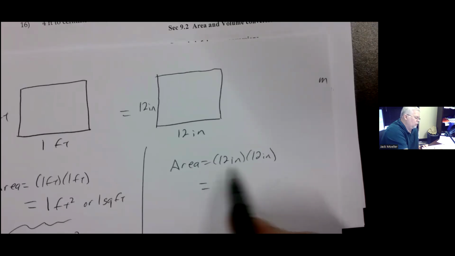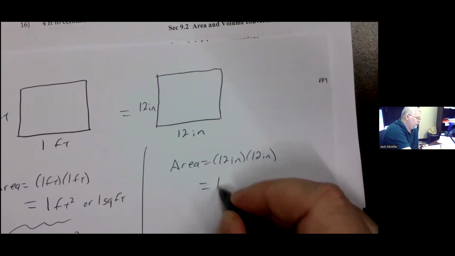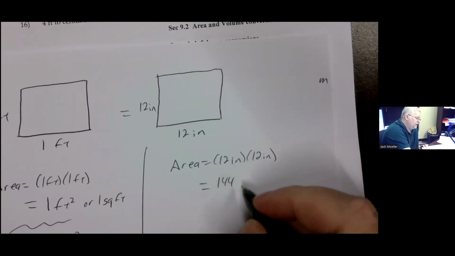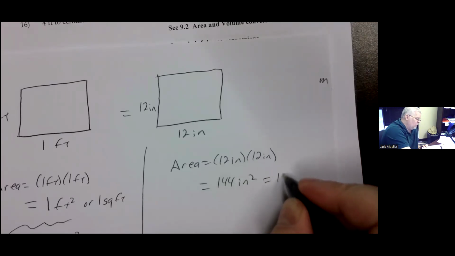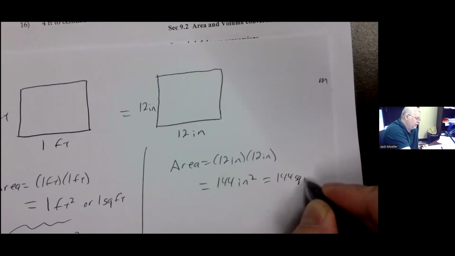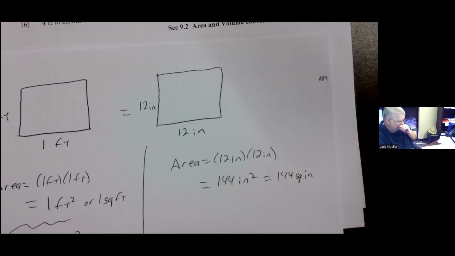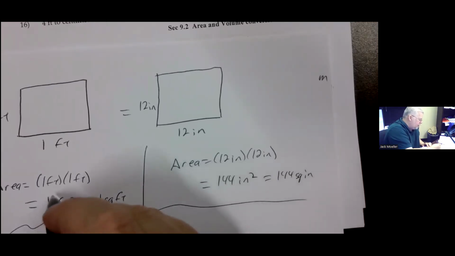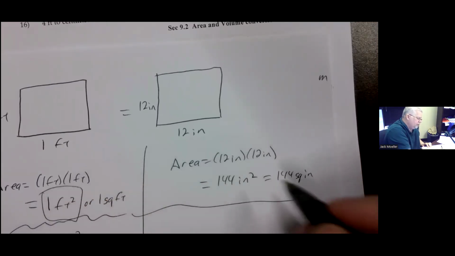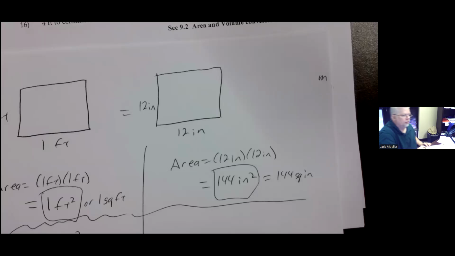With a calculator, 12 times 12 is 144. Inches times inches is inches squared, or you could say 144 SQ inches. Sorry, I'm trying not to sneeze. So 1 square foot is equal to 144 square inches.